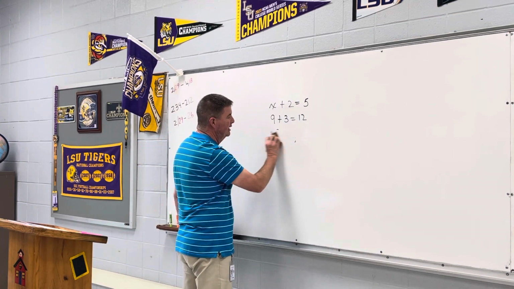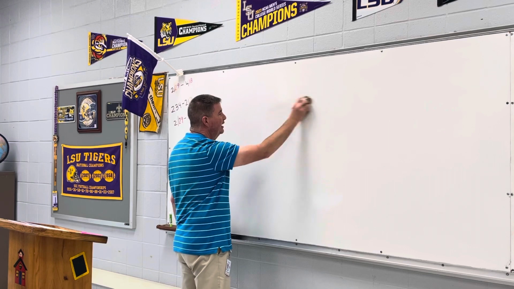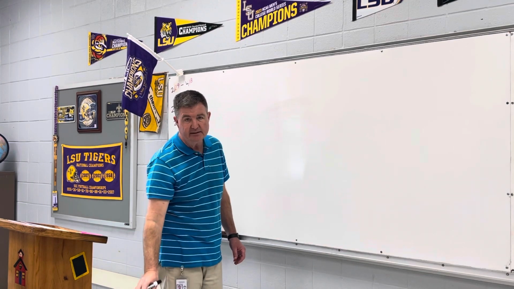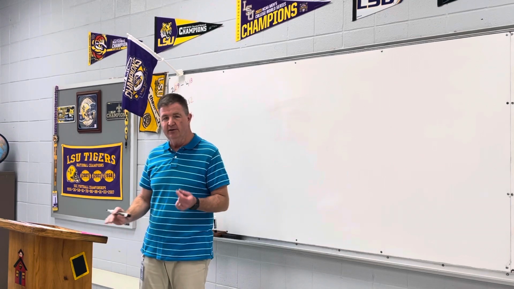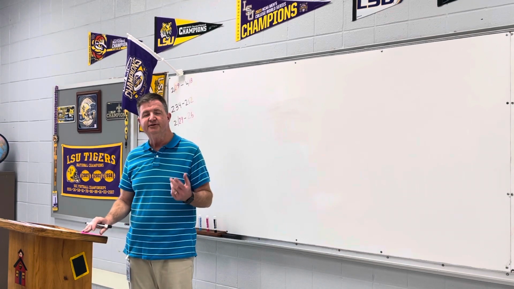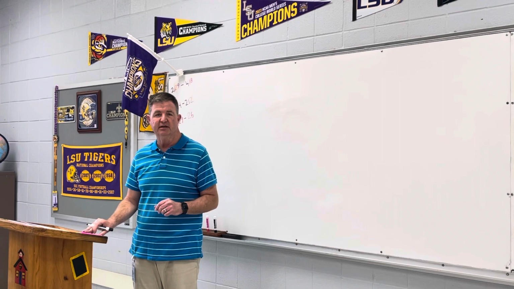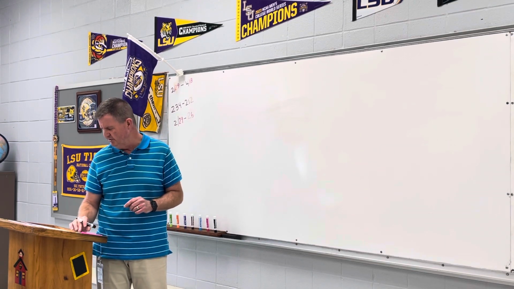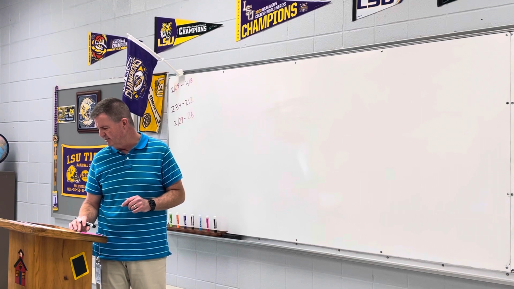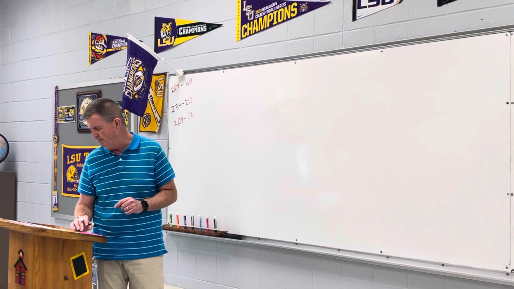Now, the first thing I want to do is find out if an answer given to us is a solution to the equation. In order for a solution to be correct, the two sides of the equal sign must be the same. So the first one says, is negative 2 a solution of 2x plus 5 equals x squared minus 3?